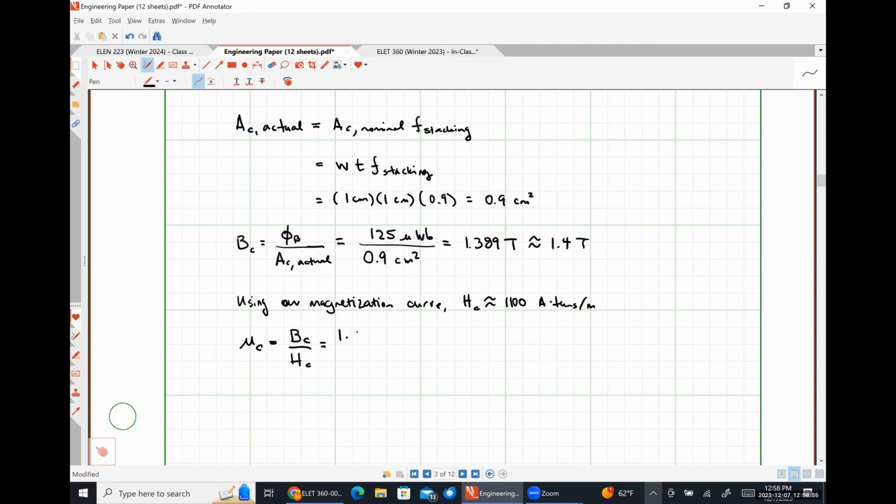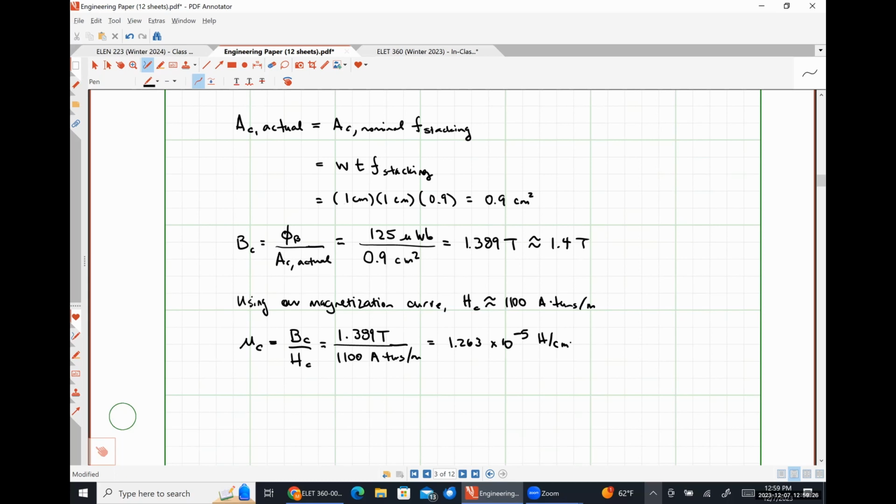So that would be 1.389 Tesla, 1.4 Tesla, whatever you want to call it, divided by 1100 amp turns per meter. And this comes out to be 1.263 times 10 to the minus 5 henries per centimeter.